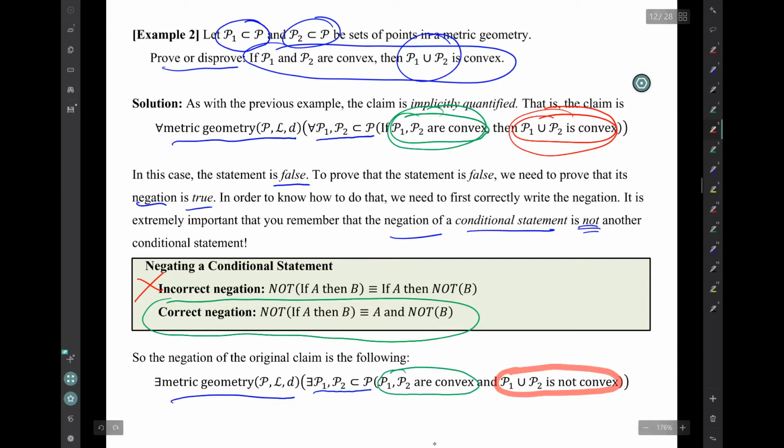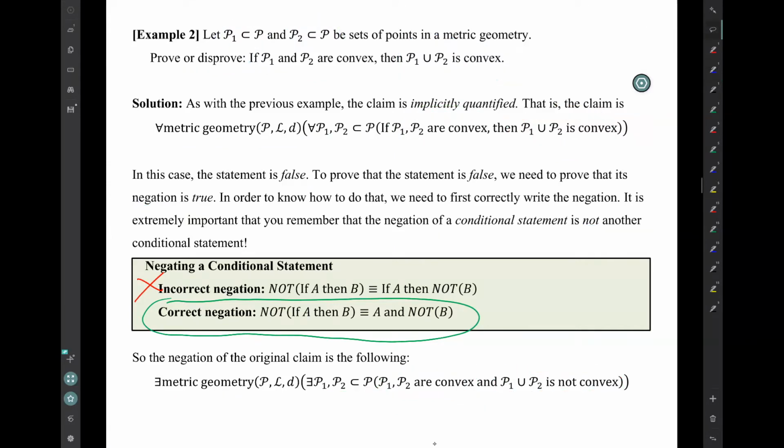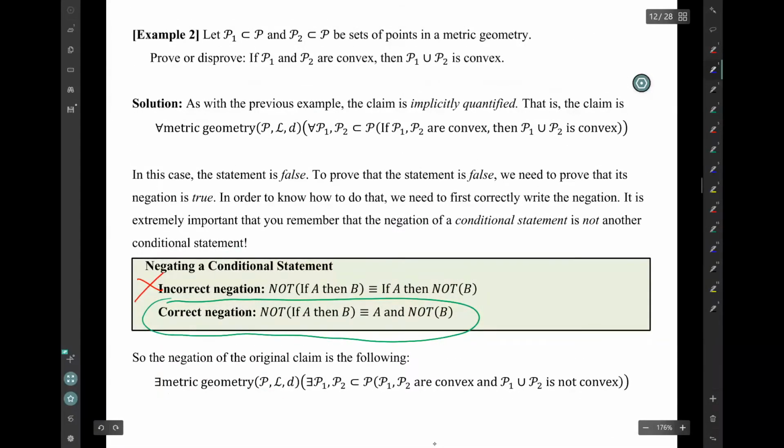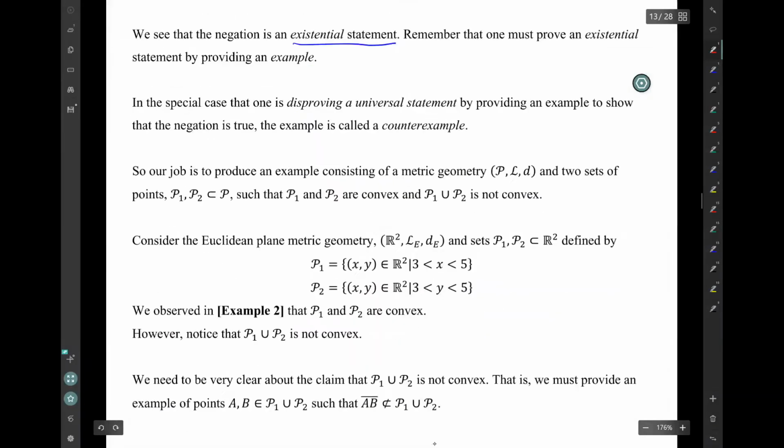Notice again, the negation does not have an if, does not have a then. It's just an and statement. Now we see that the negation is an existential statement. There exists a metric geometry such that there exist sets of points P1 and P2 such that P1 and P2 are convex and P1 union P2 is not convex.